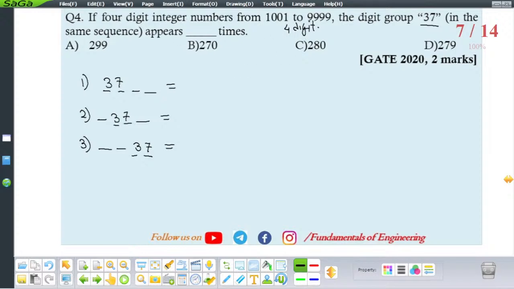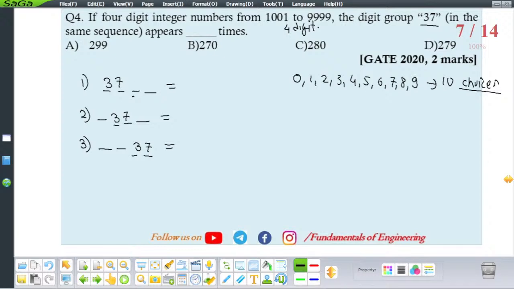Now 4-digit integer numbers. The digits are 0, 1, 2, 3, 4, 5, 6, 7, 8 and 9. So how many choices? 10 choices we can get. So among these 10 digits we can write here. Now see, first, 37 will be at the first.